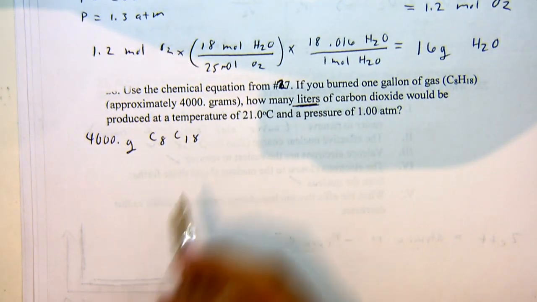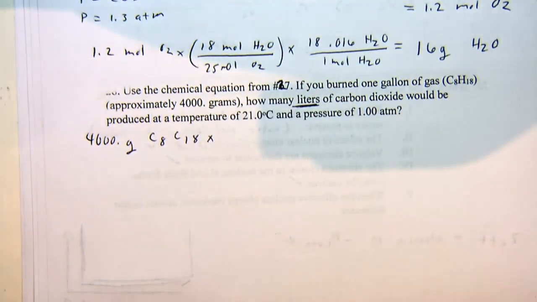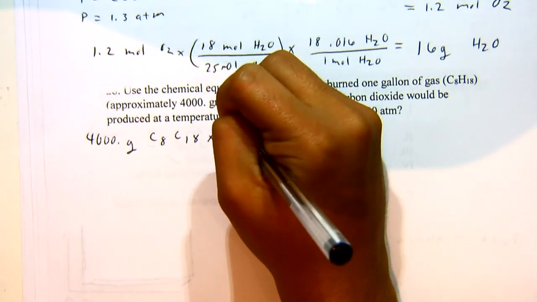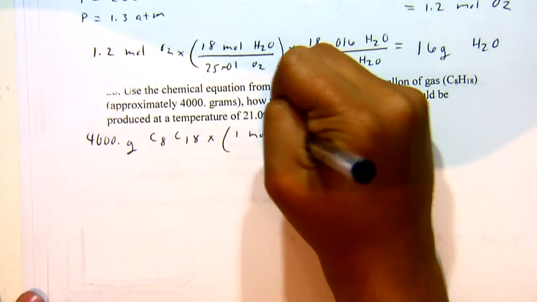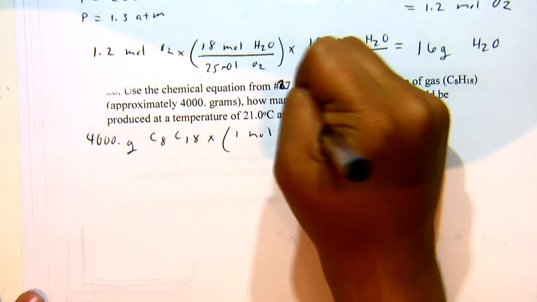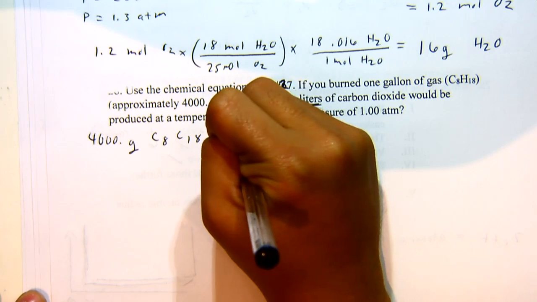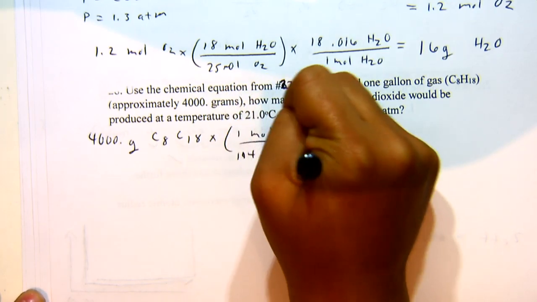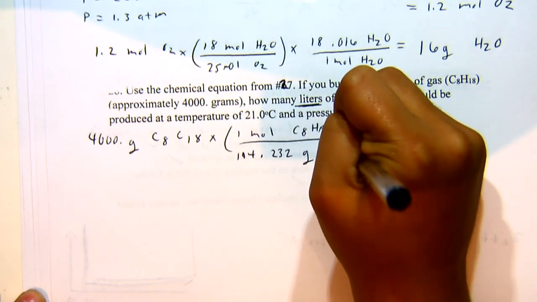So I'm going to go ahead and convert this to moles, because when we're dealing with gas, we're not thinking about grams or anything. We're thinking about moles, that n factor. So when we convert this to moles, you're going to use the molar mass: 1 mole of C8H18 over the molar mass, which is approximately 114.232 grams of C8H18.